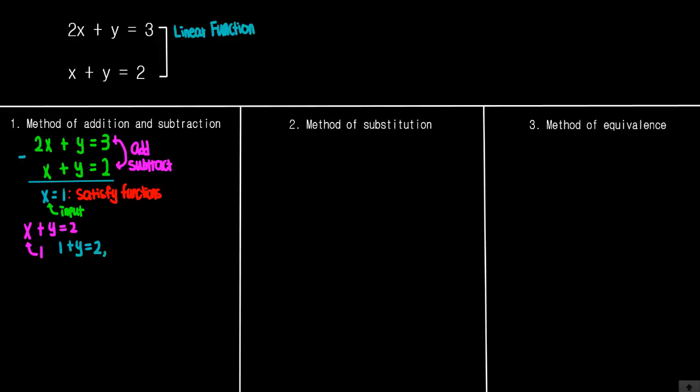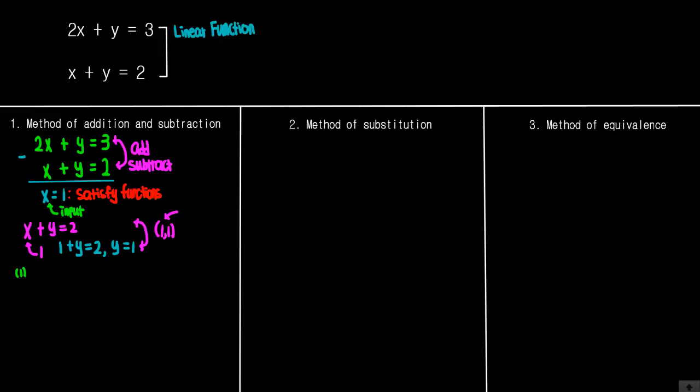And then when you isolate the y value on the left side, we're going to get y is equal to 1. And we can actually prove it. So let's input 1 into the first one. By the way, this coordinate is going to be (1, 1), which means it should satisfy both functions. So let's actually prove it.